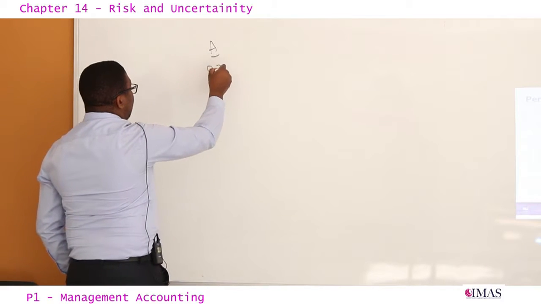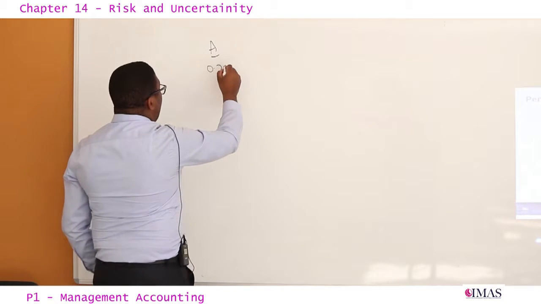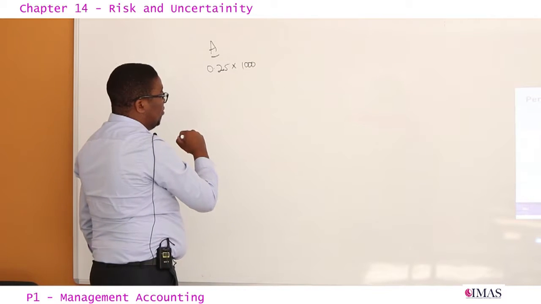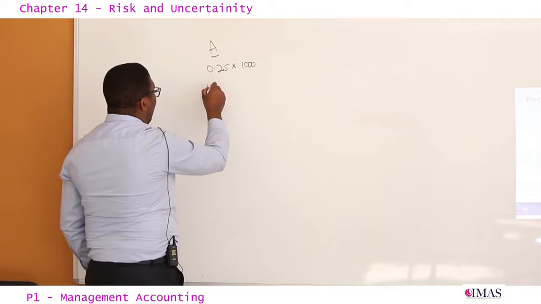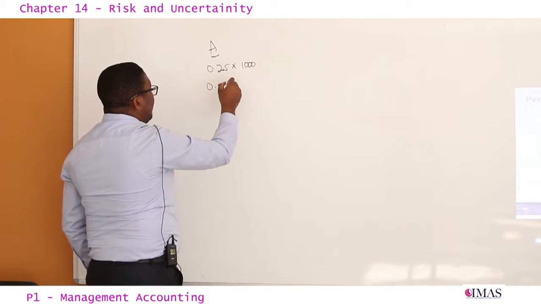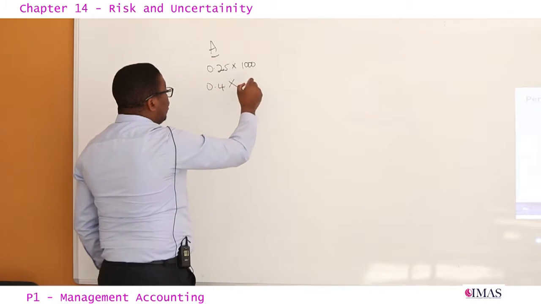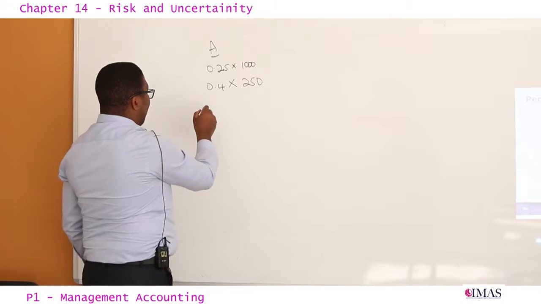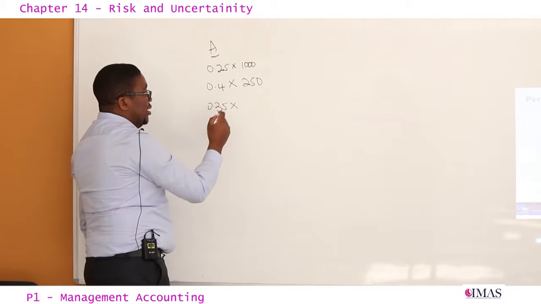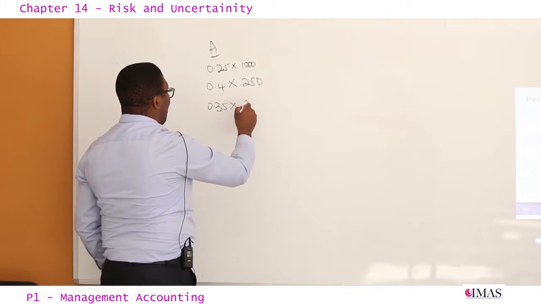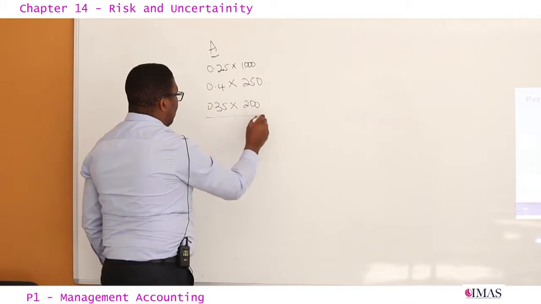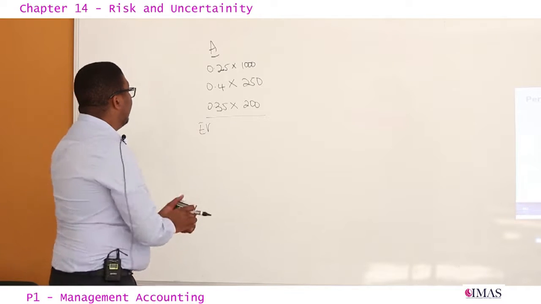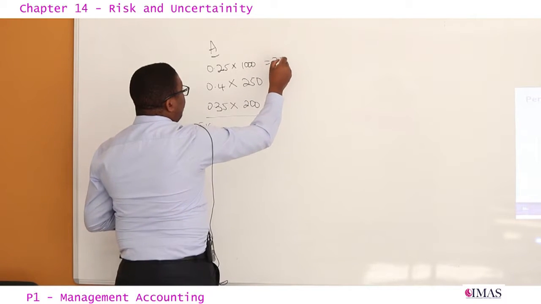So we'll say 25%, okay, multiplied by the demand of 1,000 for A. And there's also a 40% probability that the demand will be 250. Lastly, there's a 35% probability that the consumer reaction will be 200. Therefore, we calculate our expected value. How do we do that? Then here we're going to have 250.